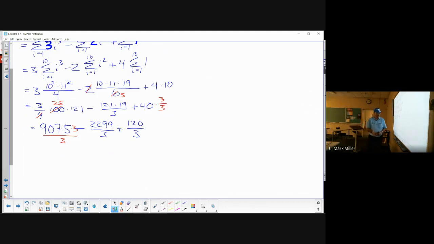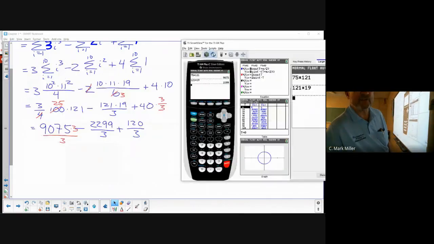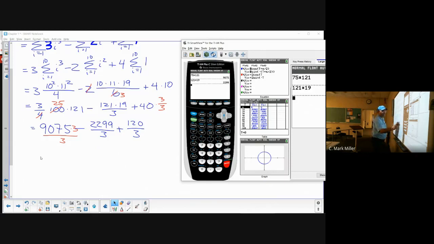So now, we're going to go to our calculator and add these 3 numerators together. We're going to add 9075 times 3, minus 2299, plus 120.